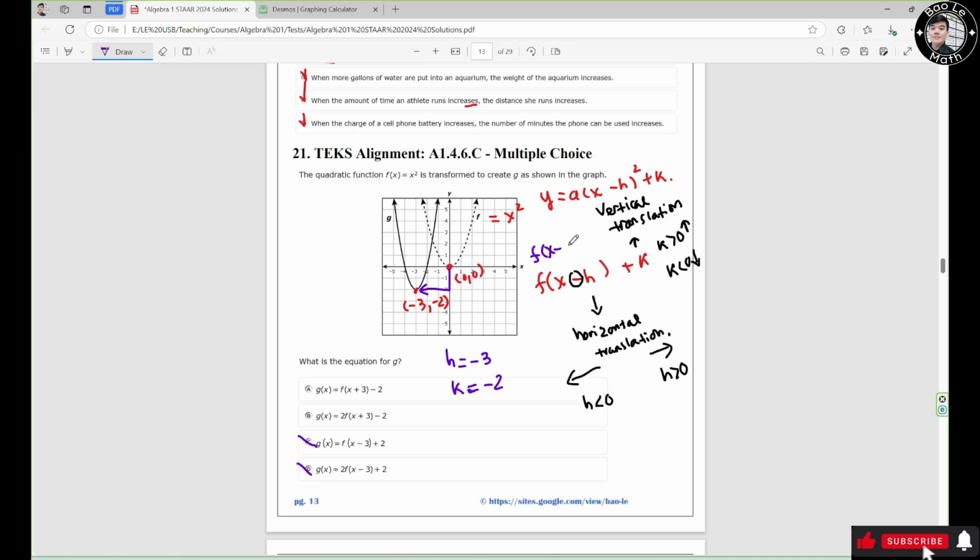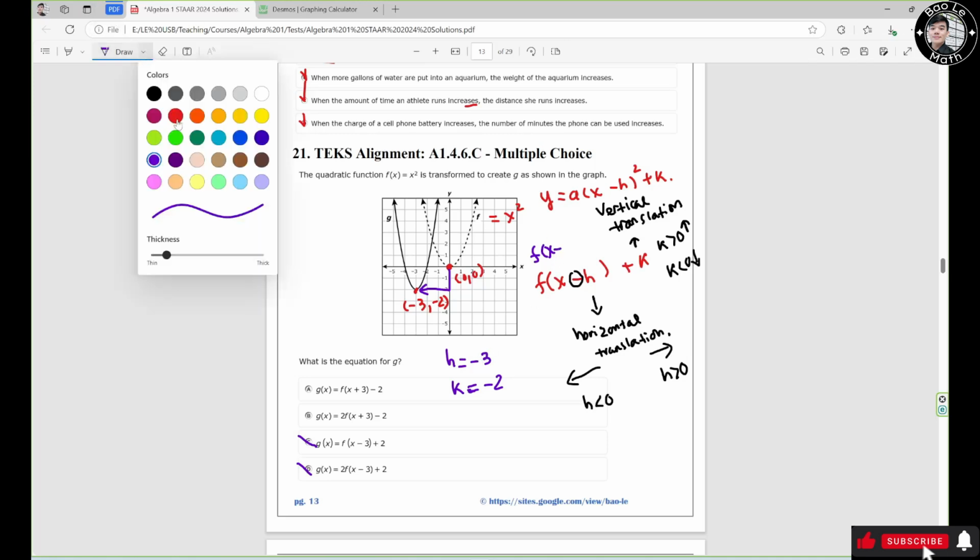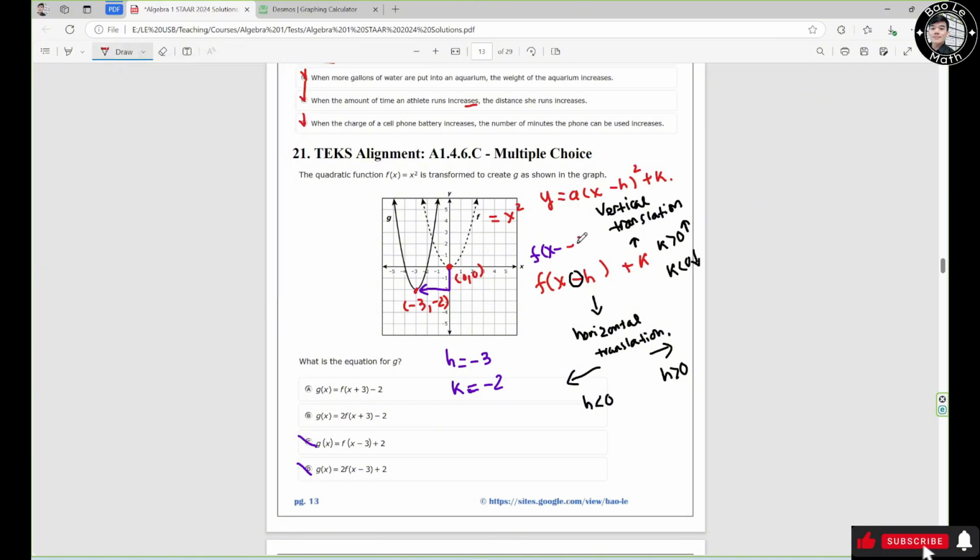Now h is negative 3, we put another negative sign right here, negative 3, and then subtract 2, since K equals negative 2. Now s minus negative 3 turns out to be s plus 3. We have s plus 3 and s plus 3 right here, so it makes two answers, A and B, possibly right.